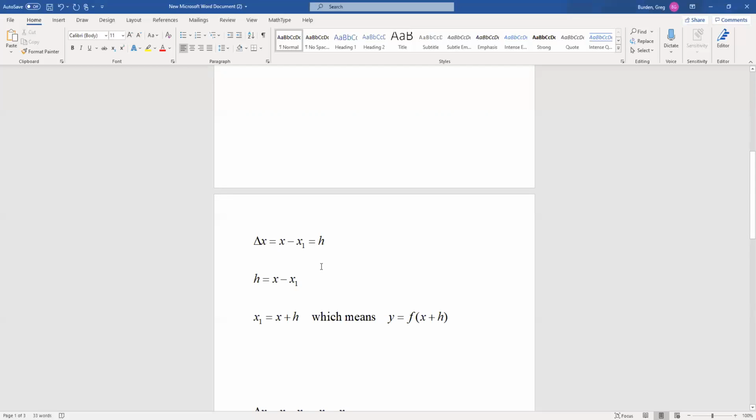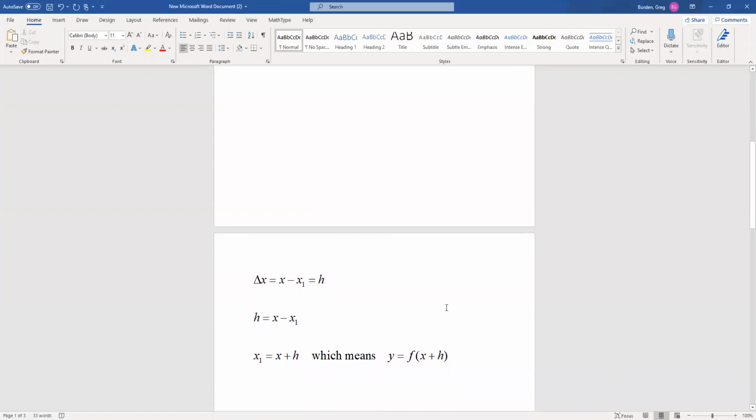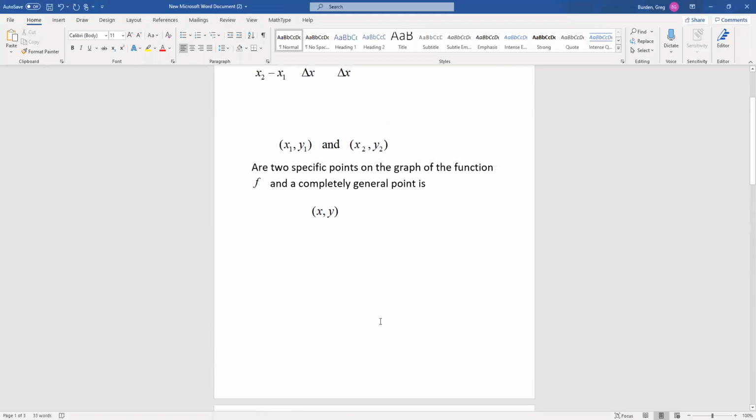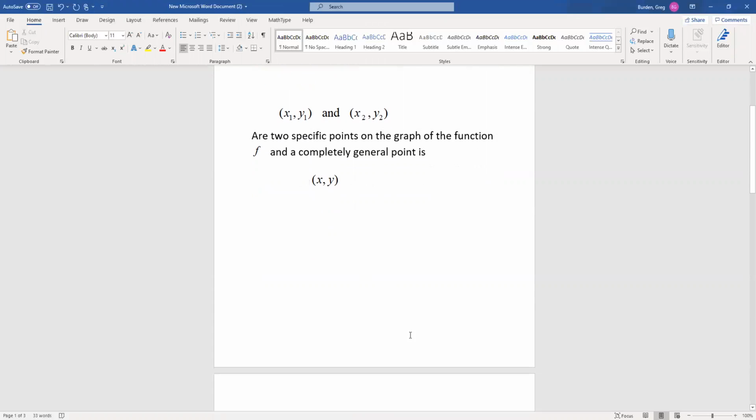So in that context, we might call the generic point x, comma, y, as I have here, and the specific point, we could bring in the x sub 1 and the y sub 1 to refer to that. So we don't have two specific points, we have one completely general point and one specific point.